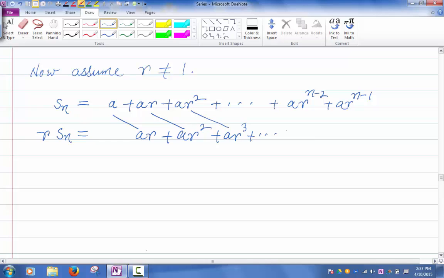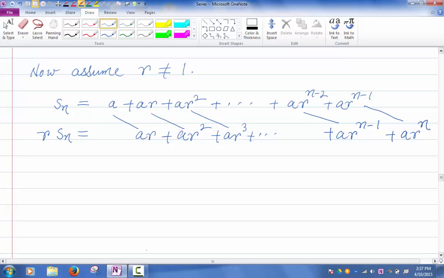Plus dot dot dot. Plus, when you multiply this term by r, you get ar to the n minus 1. And when you multiply this one by r, you get ar to the n. Is everybody okay? Now I'm going to subtract.